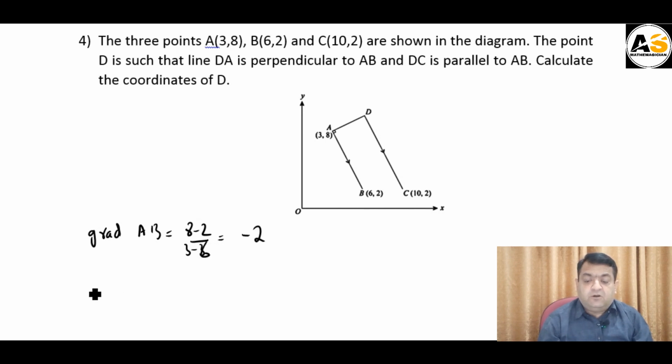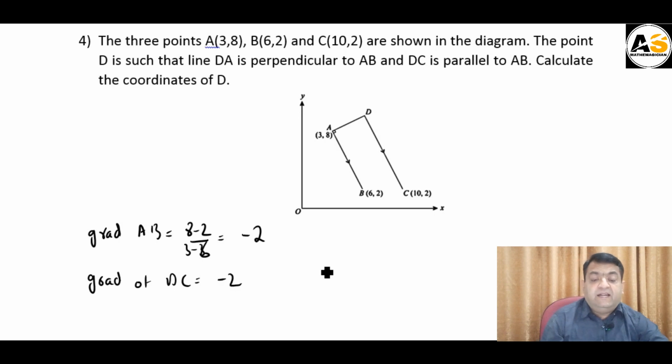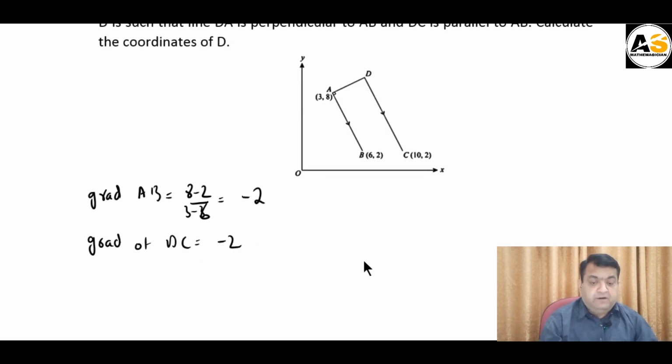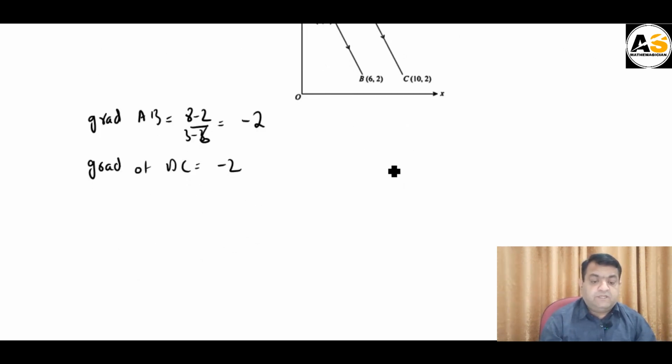What will be the gradient of DC? It will be the same. And what will be the gradient of AD? It will be 1 by 2, because AD is perpendicular to AB, so its gradient will be its negative reciprocal, and DC is parallel to AB, so its gradient will be equal to this.